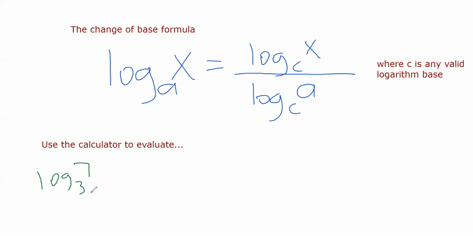Well, okay, I have a solution for you. Use a log with a base of 10. Use the change of base formula, and you're going to use log base 10 of 7 divided by log base 10 of 3.